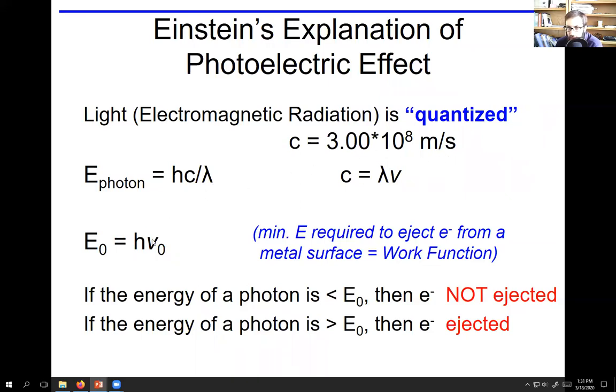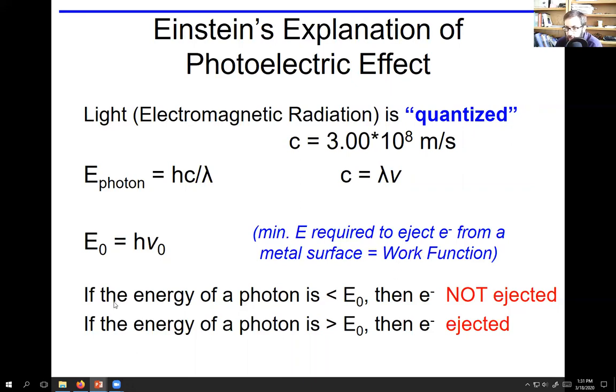And h is Planck's constant, which we went over. It's also equal to E equals h times nu, and nu is frequency, remember? And so there's a relationship between wavelength and frequency. c equals lambda, or wavelength, times nu. Okay, so speed of light equals wavelength times frequency.